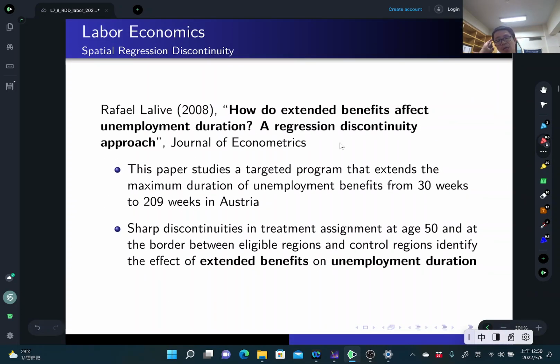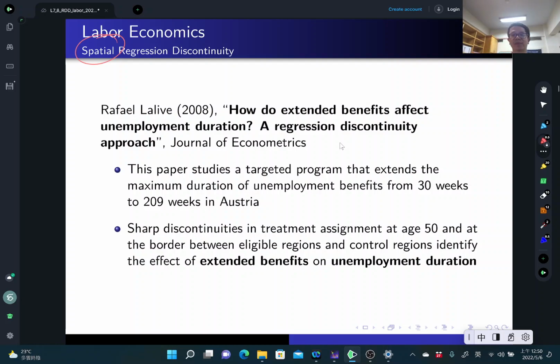Okay. So another final example I would like to show you is another discontinuity you might find using GIS data, the spatial data. This demonstrates an attempt to understand the effect of extending unemployment insurance benefits on unemployment durations. Here they focus on a policy in Austria.